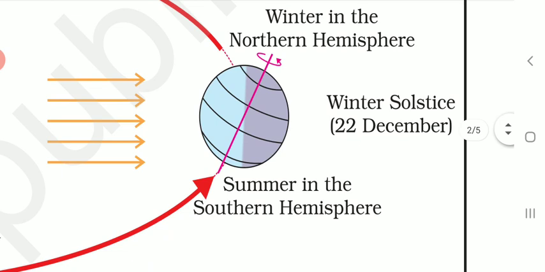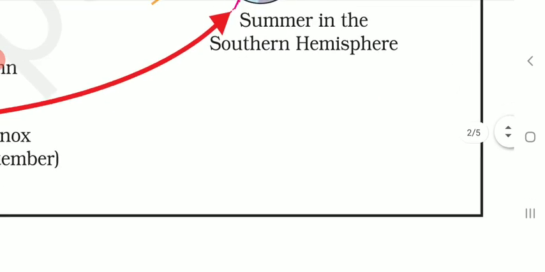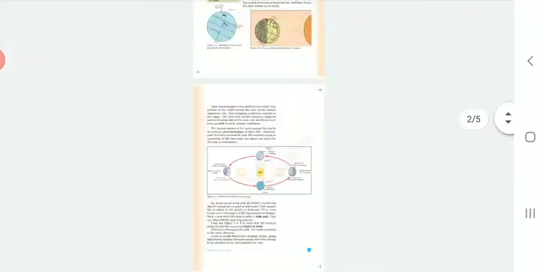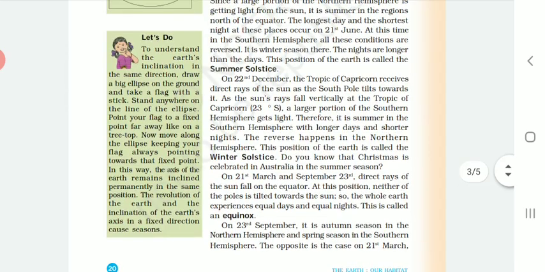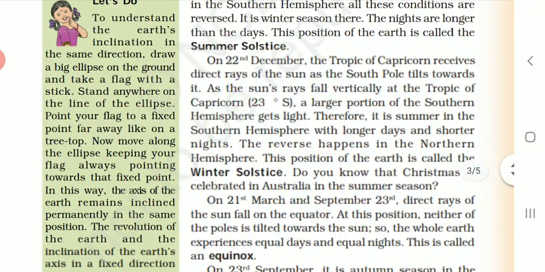Just opposite of that, in the southern hemisphere there is summer, and this is the time of winter solstice. What is the meaning of winter solstice? On 22nd December, the Tropic of Capricorn receives the direct sun rays in the southern region, and therefore in the southern hemisphere the days are longer and the nights are shorter.